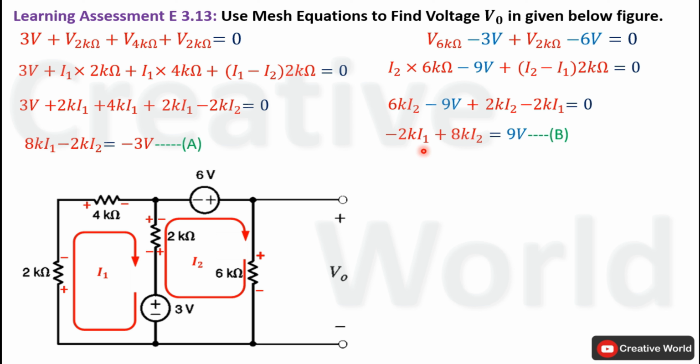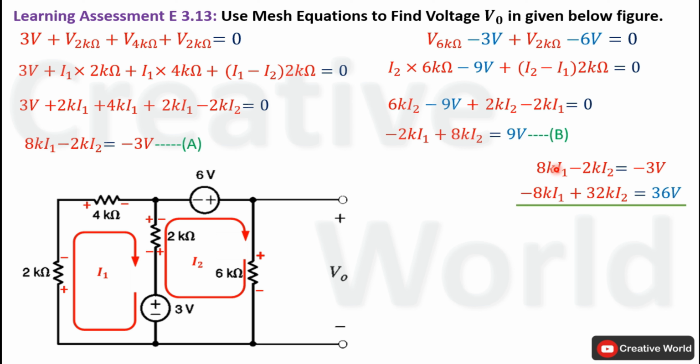So we will take equation A as it is and take the product of 4 with this equation B. It will become minus 8k I1 plus 32k I2, and product of 4 and 9 will become 36. Now add these equations together. Minus 8k I1 and plus 8k I1 will cancel out with each other.